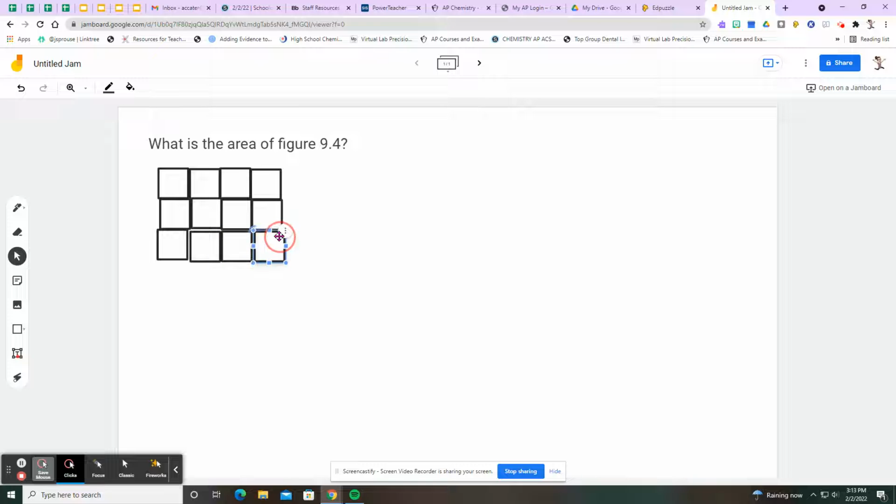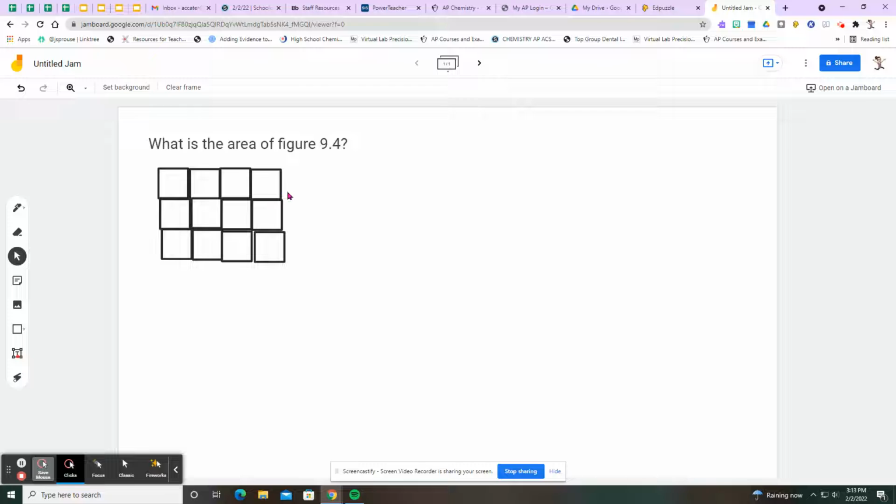Okay, so these are all supposed to be touching. They're not doing that very well right here. There we go. All right, and one of these squares is a unit.